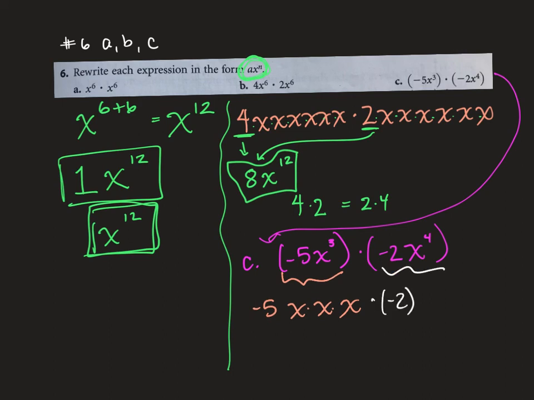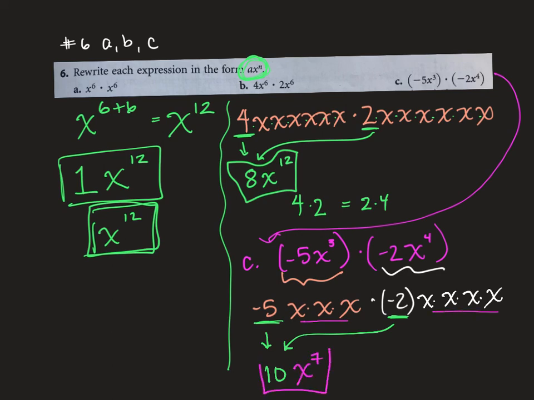I just put the parentheses there so that I don't accidentally think I'm subtracting. And then I have 1, 2, 3, 4 factors of x. Well, negative 5 times negative 2 would get me 10, just because negative 5 times negative 2 is 10. And then I have 3 factors and 4 factors. That gets me 7 factors. So there's your answer. Let me know what questions you might have.